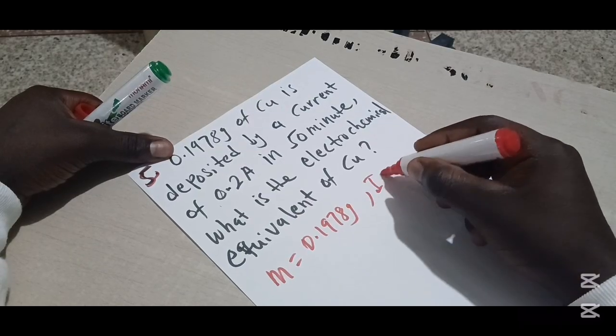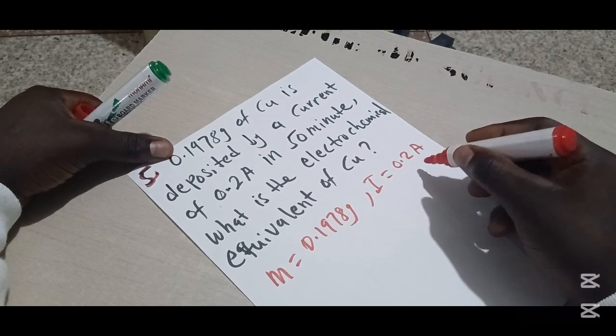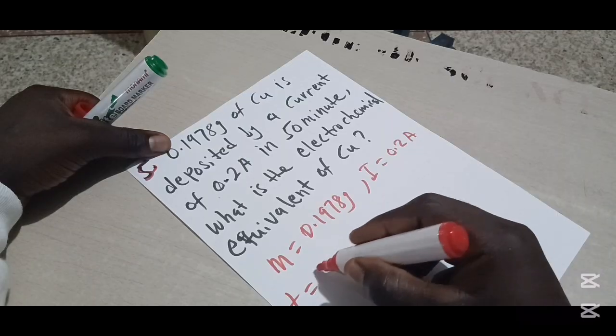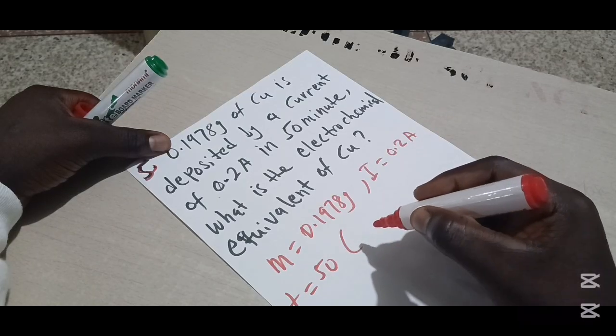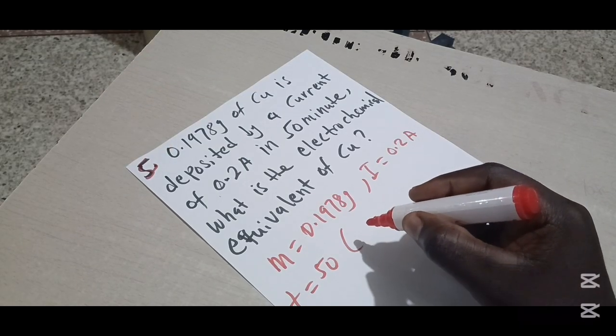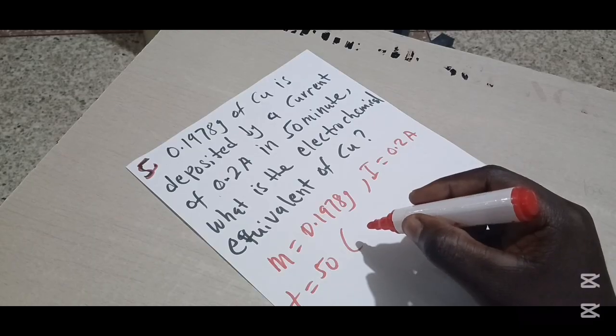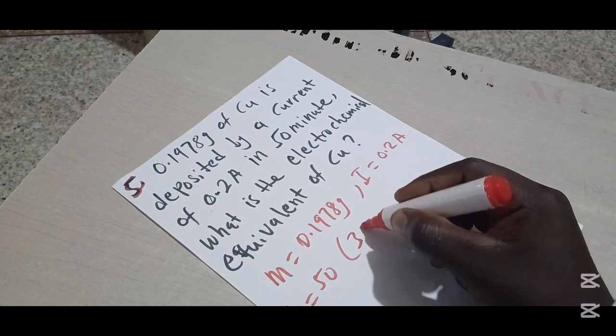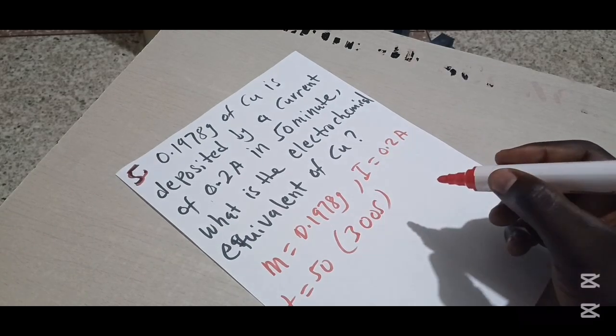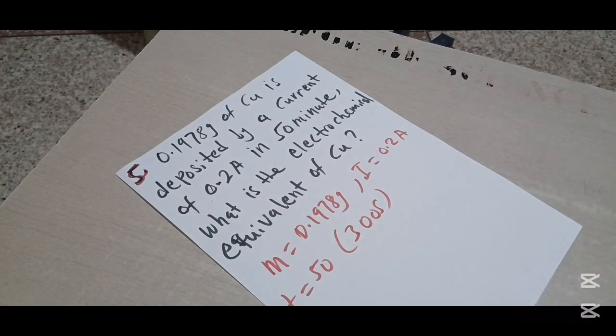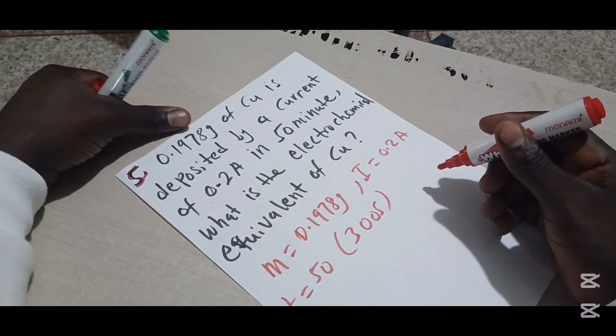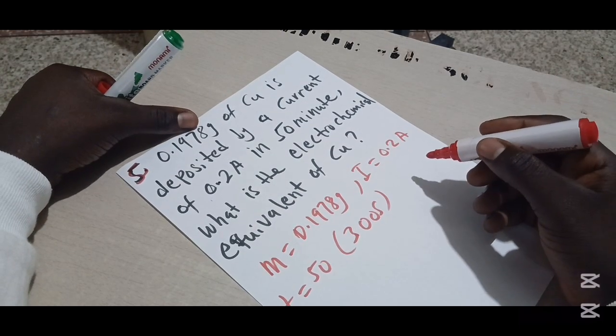Then we also have our current to be 0.2 ampere and our time in minutes to be 50. Converting this to seconds, we just multiply it by 60, and this is going to give us 3000 seconds. So what relation can we use to get electrochemical equivalent?